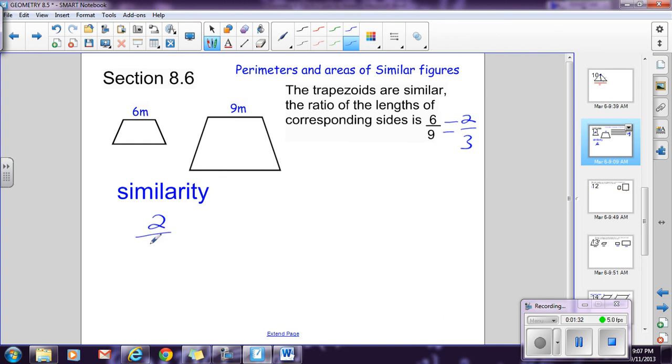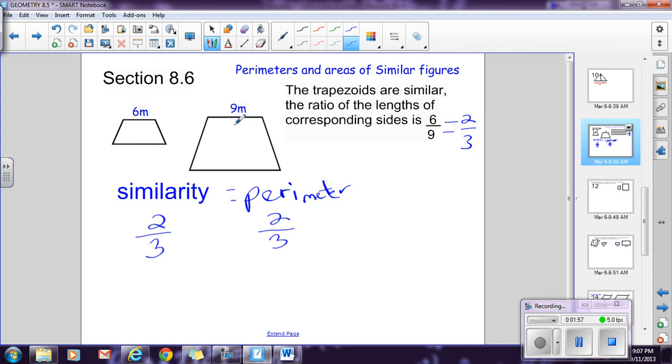Now, what about the perimeters? What is the ratio of their perimeters going to be? This is actually pretty simple, because their perimeter ratio is going to be the same. It's going to be equal to their similarity ratio, because all these lengths are a 2 to 3 ratio.